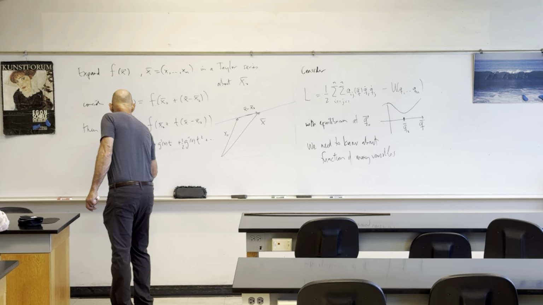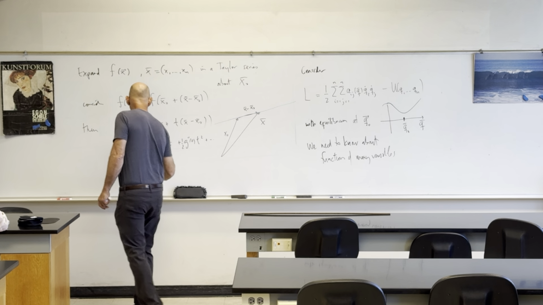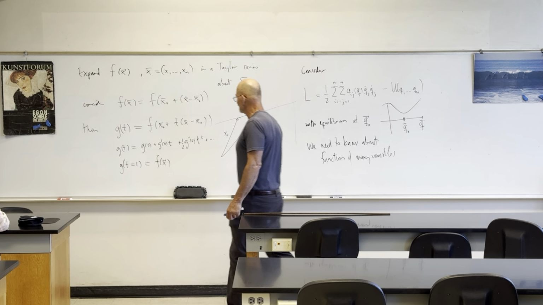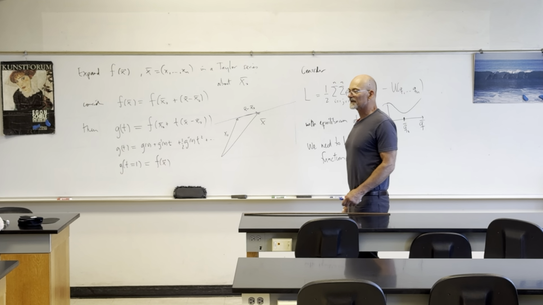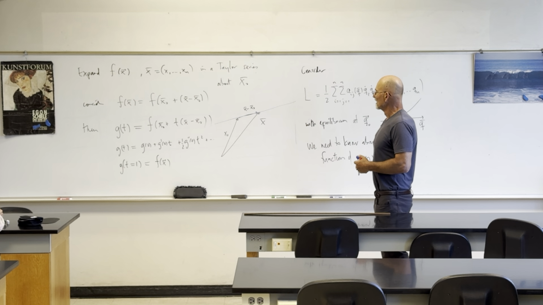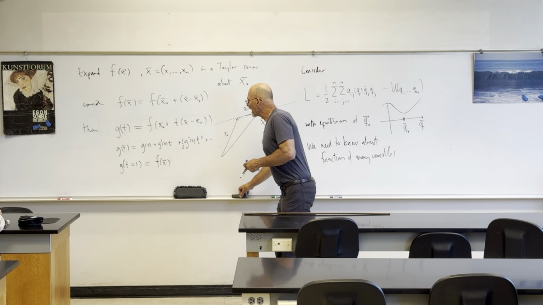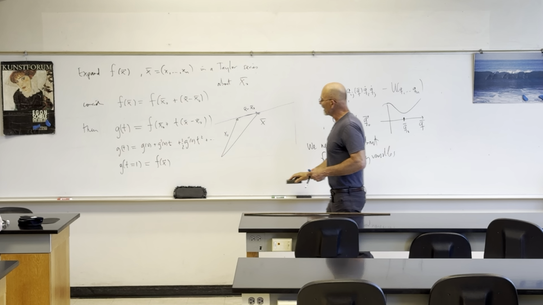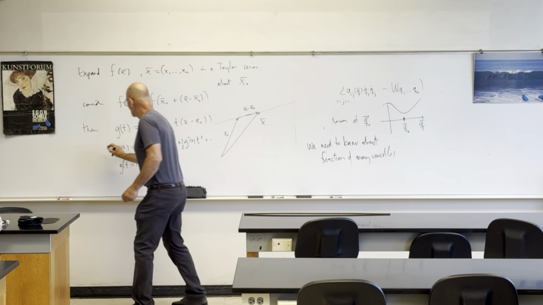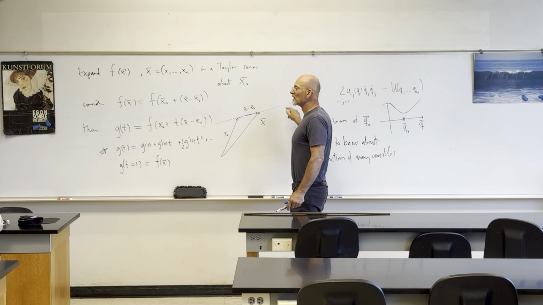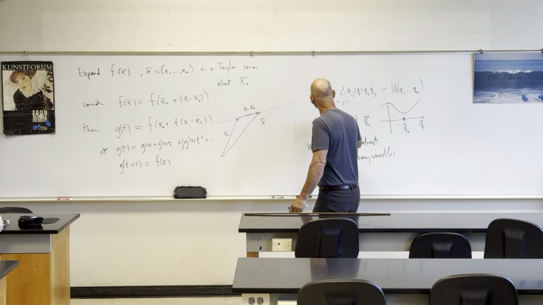G of 1 is going to be equal to f of x, to get a little practice with the chain rule. Because what I'm doing here, this thing, this star, that's the expansion along the blue line. Expansion along the blue line.